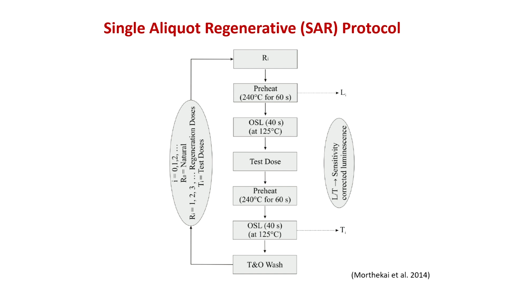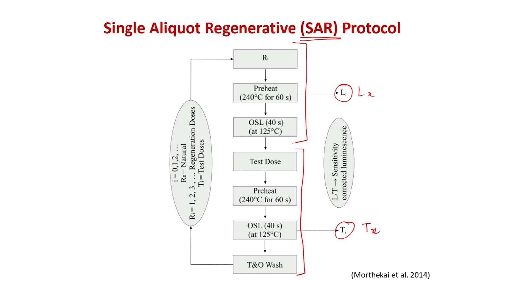So this is a single aliquot regenerative cycle, what we call SAR. We go for preheat, then OSL, then test dose, and then preheat. This is the test dose part, and this is the natural portion, which we call L1, and this is T1, or you can say Lx by Tx. Okay.